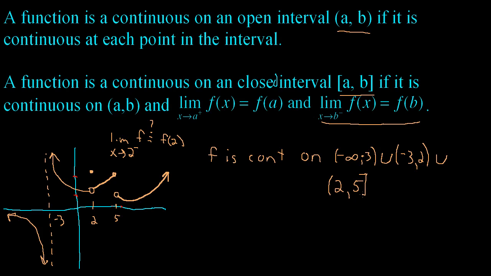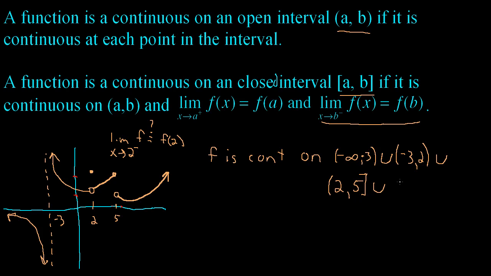I need to point out that this does not mean you're continuous at 5, because clearly we have a discontinuity at 5. We're just saying that we can say we're continuous from 2 to 5, including 5, because it meets this requirement defined right here. Now, one last interval to talk about, unioned.